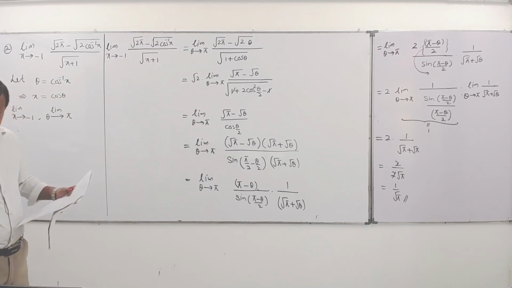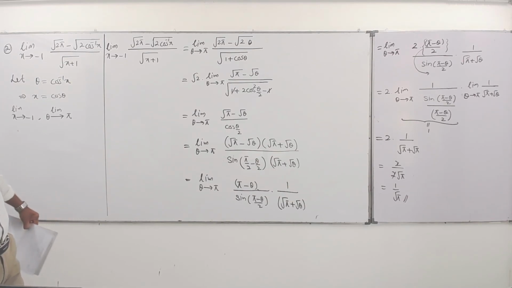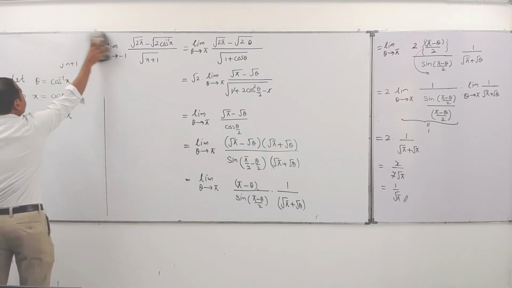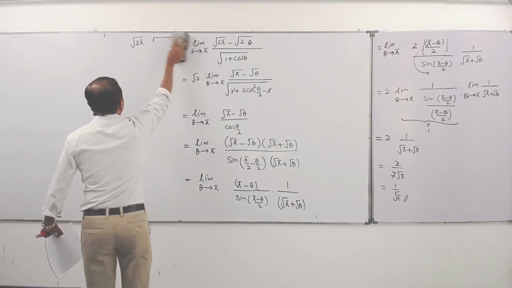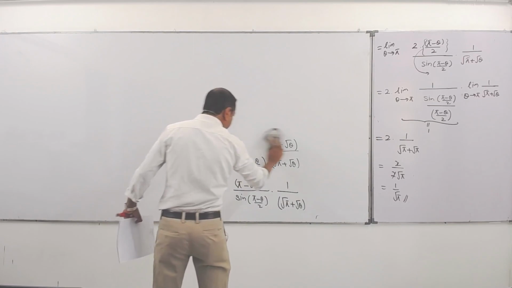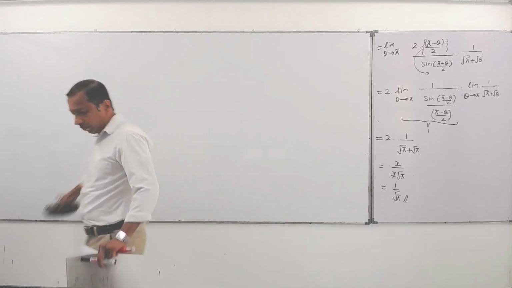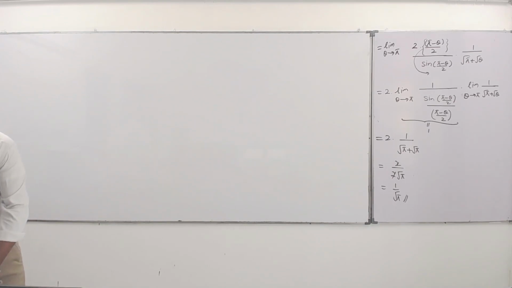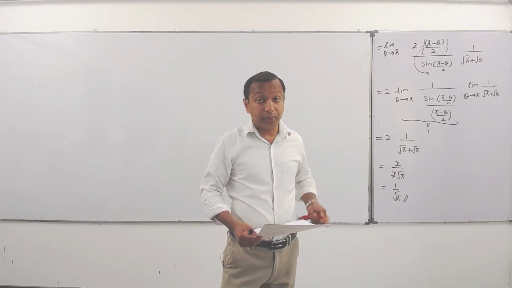Next one, question number 3. The parametric coordinates of a point on the hyperbola are given as 2 sec theta, 3 tan theta.